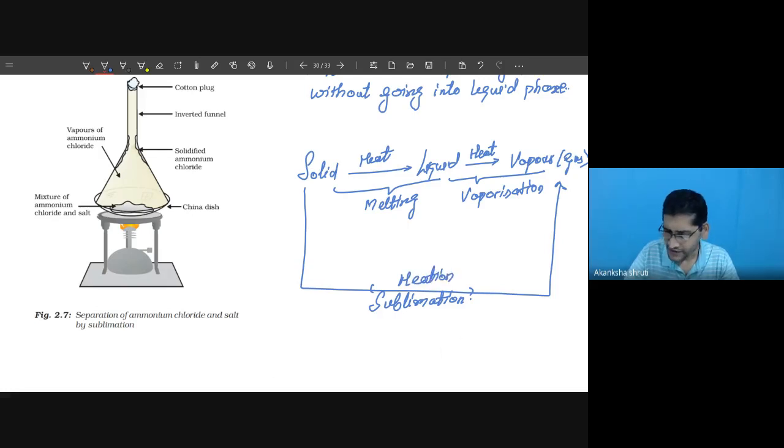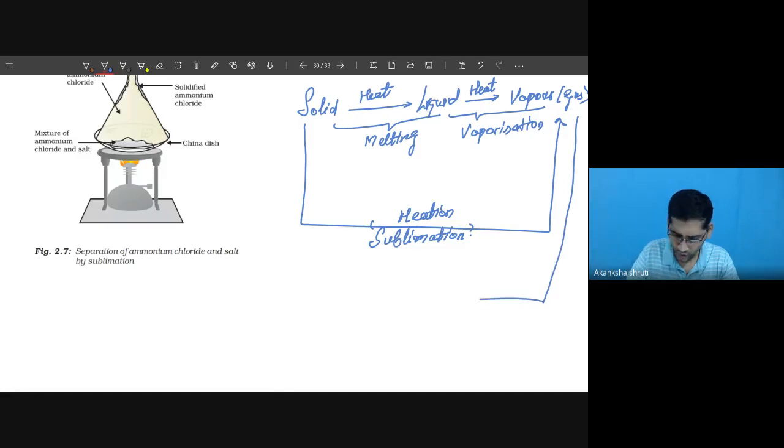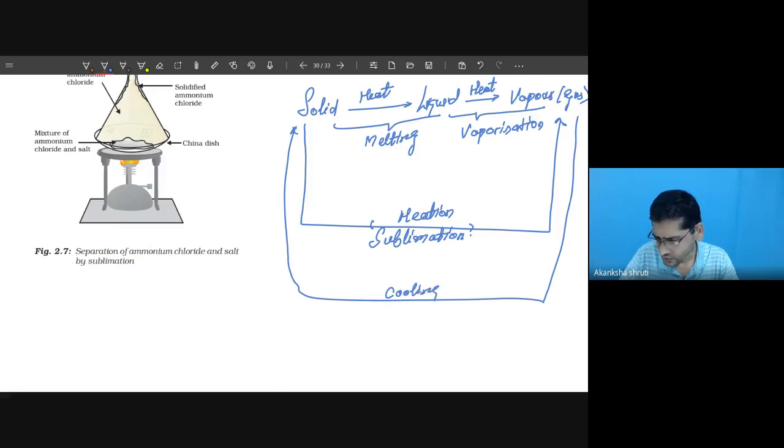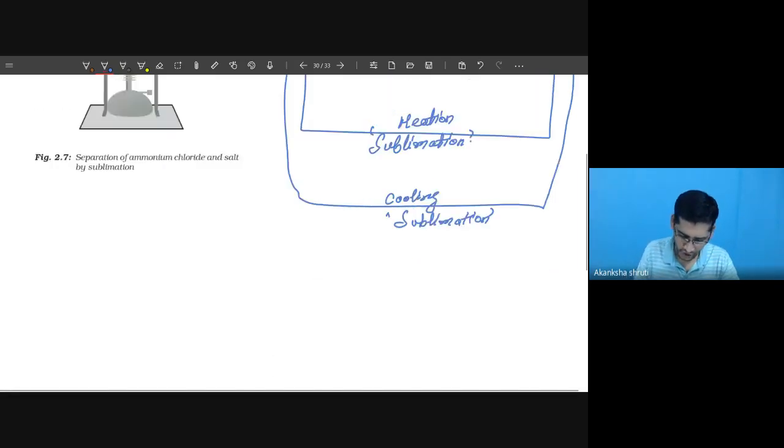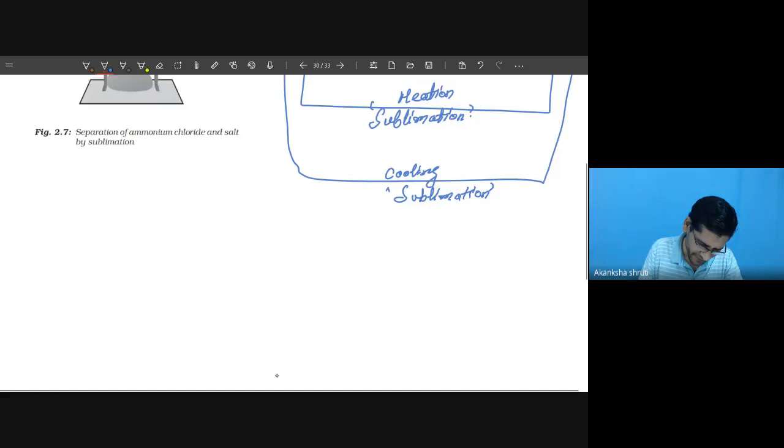But it is also possible that if we cool a vapor of some matter, then it directly condenses back into solid. This cooling process is also called sublimation. So sublimation includes both conversions: solid to vapor and vapor to solid.